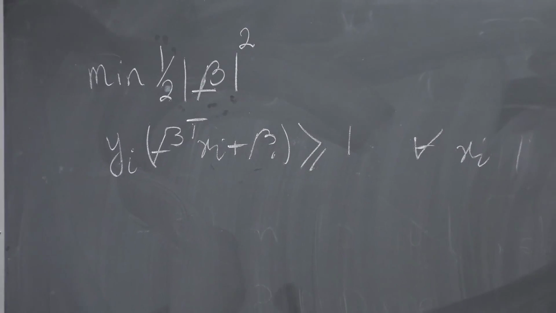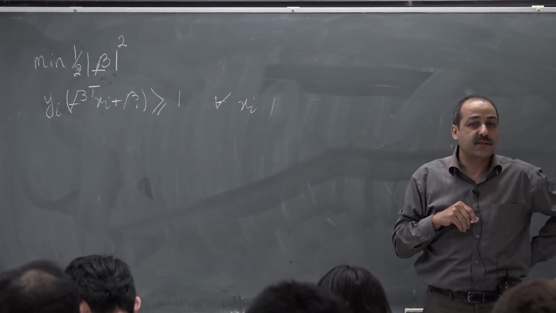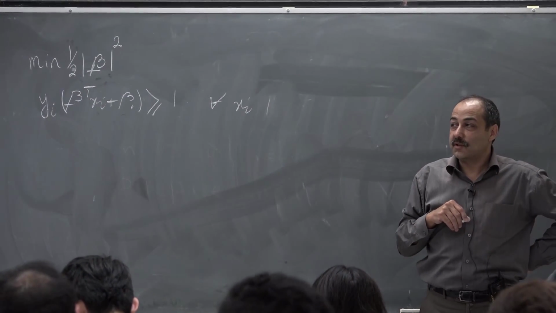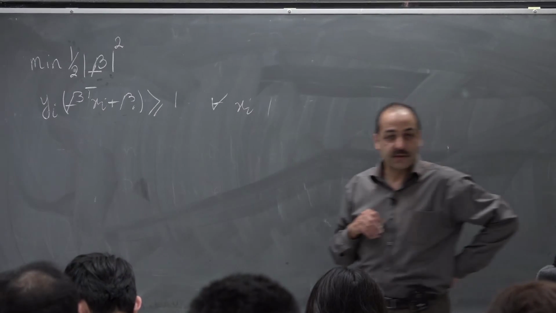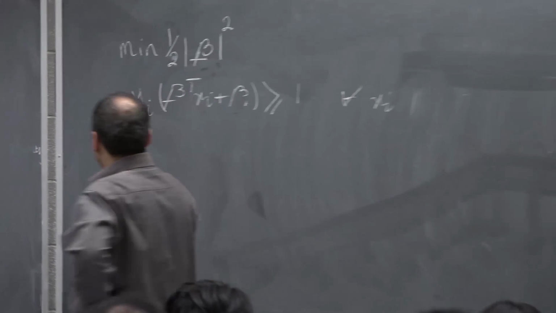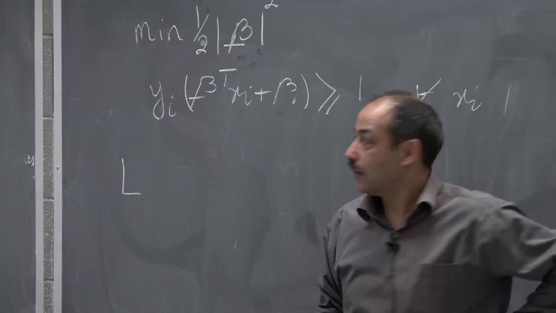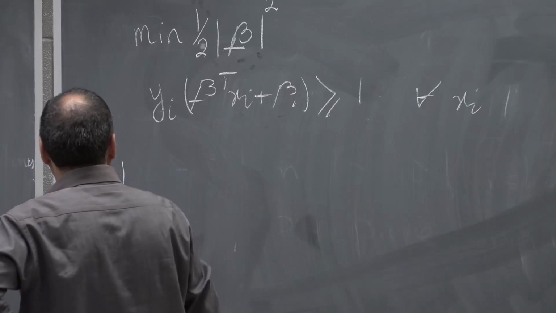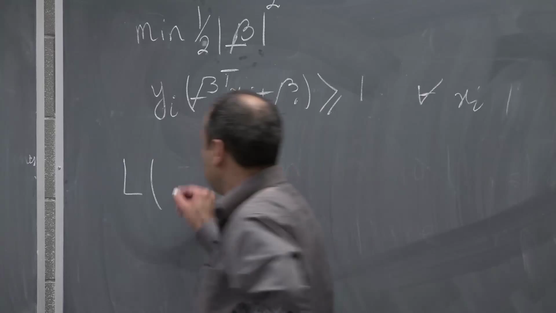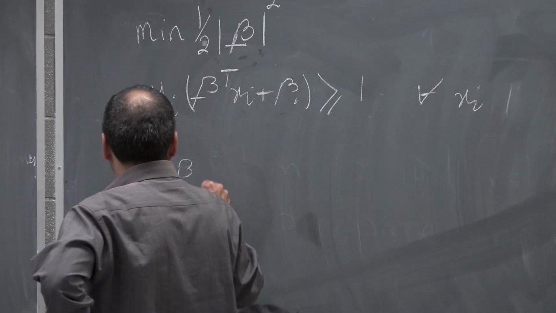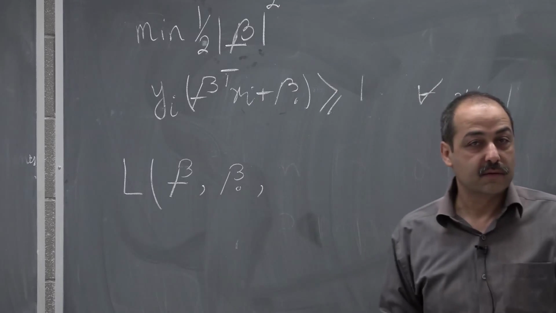Okay, so what should I do now? I have a constrained optimization problem. Right, Lagrangian, right? So I can form the Lagrangian of this objective function. And the Lagrangian is a function of the primal variables, which are beta and beta null, and the dual variables.